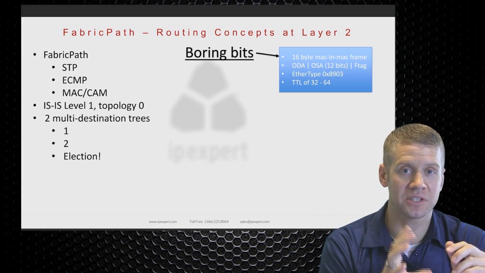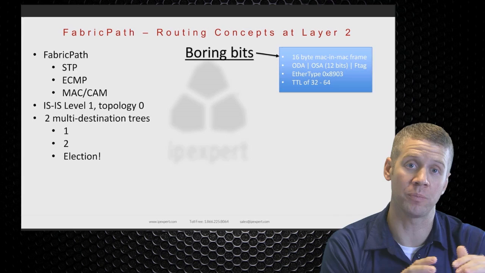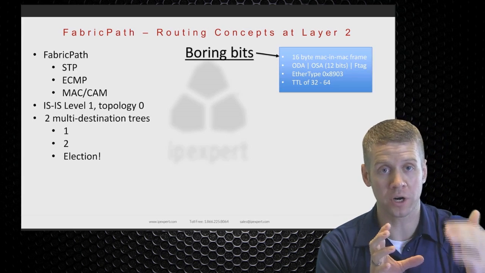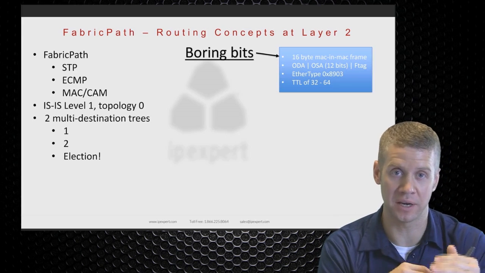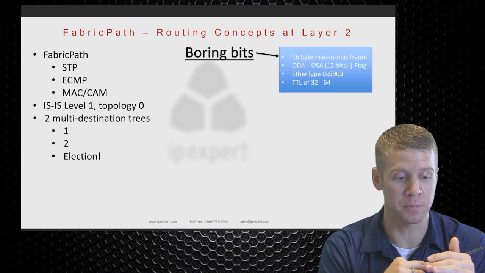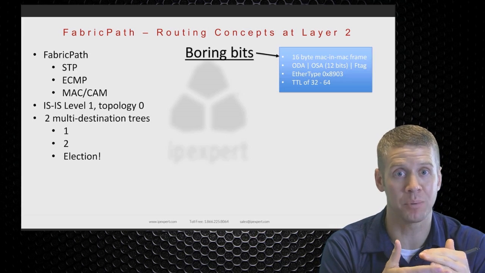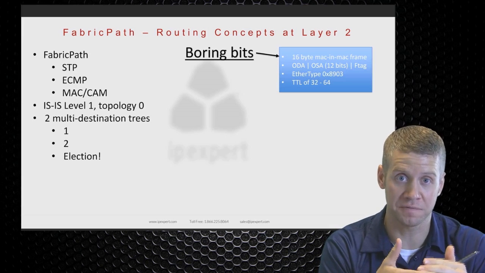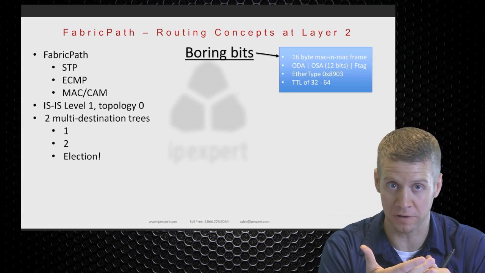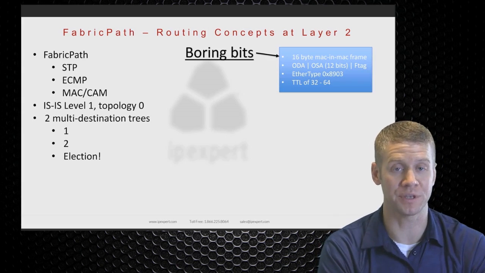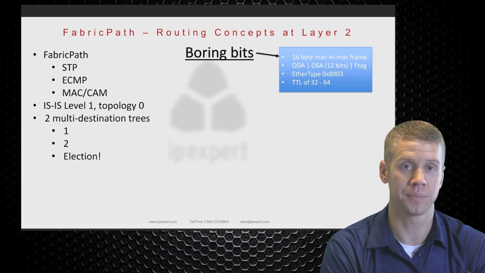It also allows us to conserve CAM table space within our switches that run FabricPath. The switches we're going to talk about in the context of the CCIE Data Center Lab that run FabricPath are specifically the Nexus 7K with the F-type card, and the Nexus 55XX, so the 5548 or 5596 can run it. Specifically for us, we're going to be talking about the 5548.